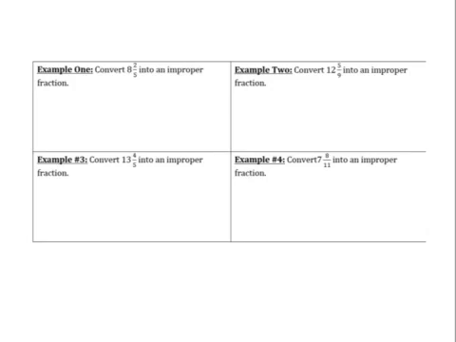Okay, let's go through a couple examples together. Example 1, convert 8 2/5 into an improper fraction. Step 1 was to multiply your whole number, that's 8, by your denominator, that's 5. 8 times 5 gives us 40.